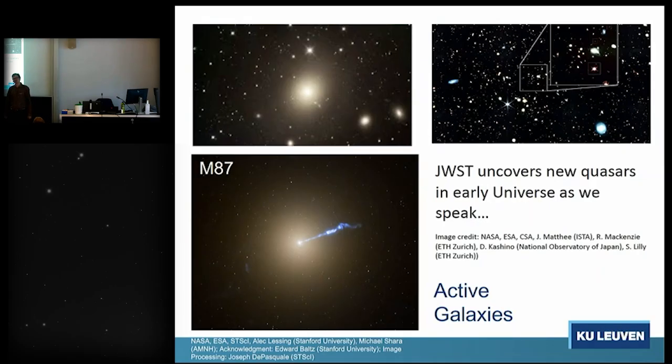Yeah. Such a galaxy is called an active galactic nucleus, or AGN. Now, such AGNs sit in a host galaxy, but the core of the galaxy is way overluminous as compared to, for example, the core of the Milky Way galaxy, centered around the supermassive black hole of our own Milky Way.